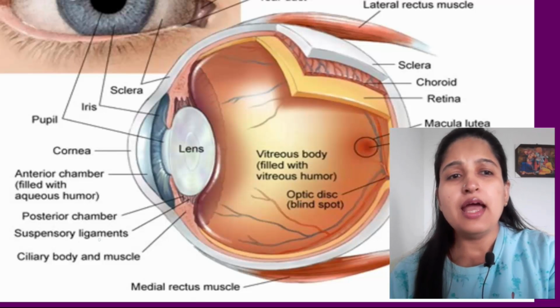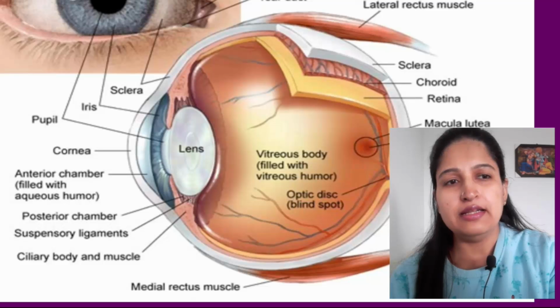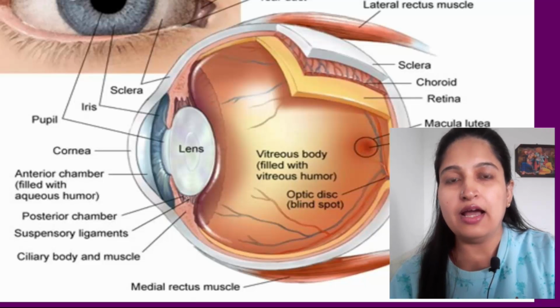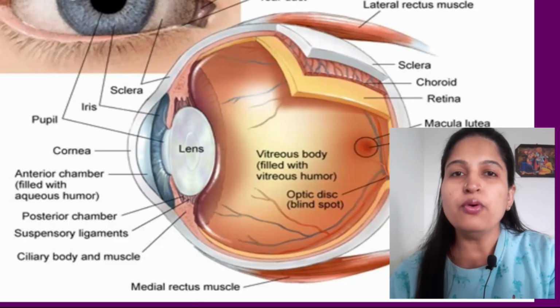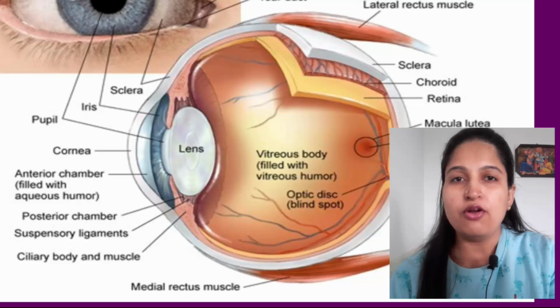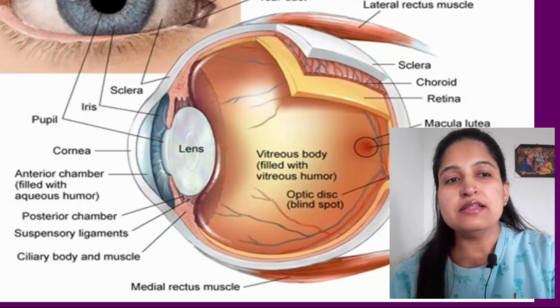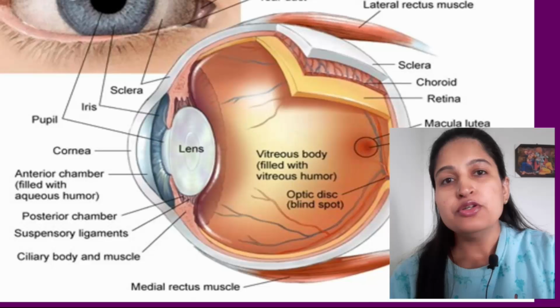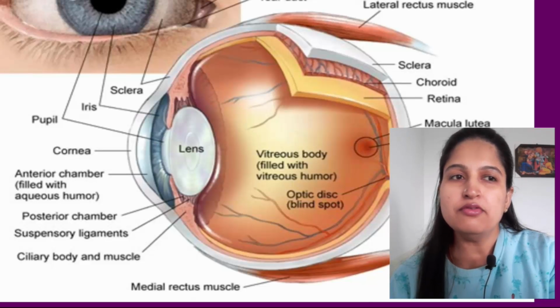Here you can see the suspensory ligaments, the ciliary body and the muscles. These suspensory ligaments are connected with the ciliary body and muscles, and they help our eye to change its focus, because we can see nearby objects as well as far objects. So these muscles and ligaments help us change the focus of our eyes so that we are able to see both nearby and far objects.